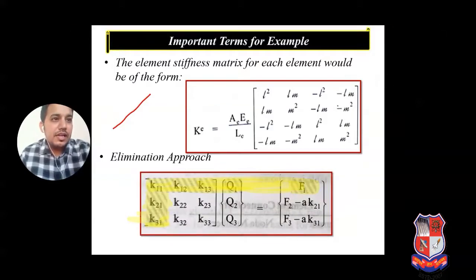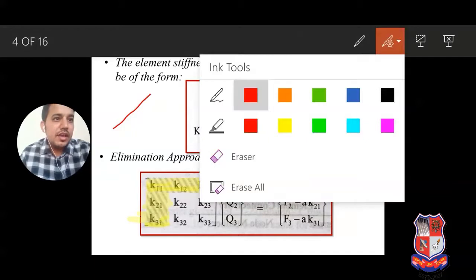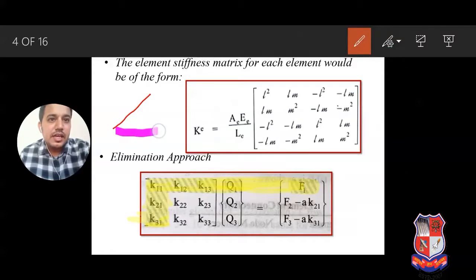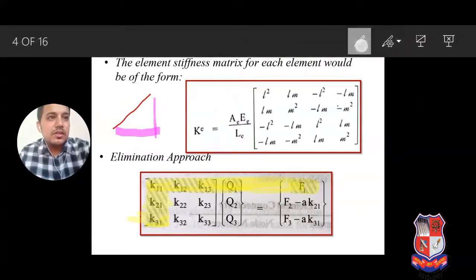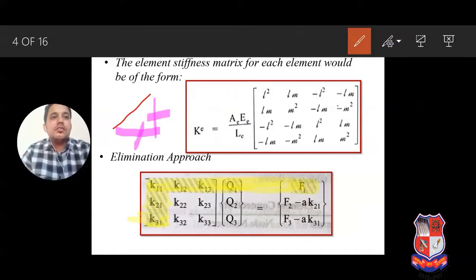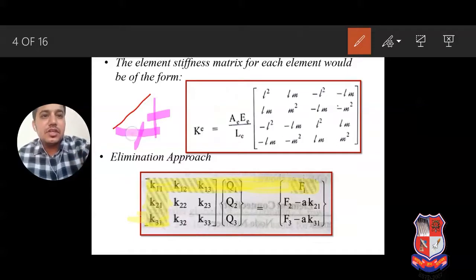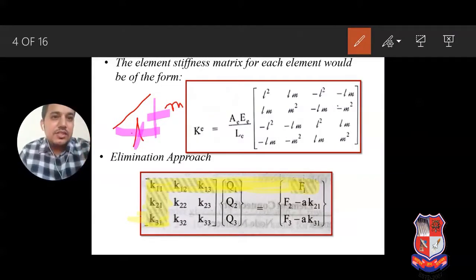if I have one truss element, 1 minute, okay, I am taking another color. If I am considering this pink, then I have the 2 components, and these 2 components are also important. This component I consider as a cos, and this I consider as a sine. So this is related to L, and this is M. This is starting from one point to another point, x1 y1 to x2 y2.